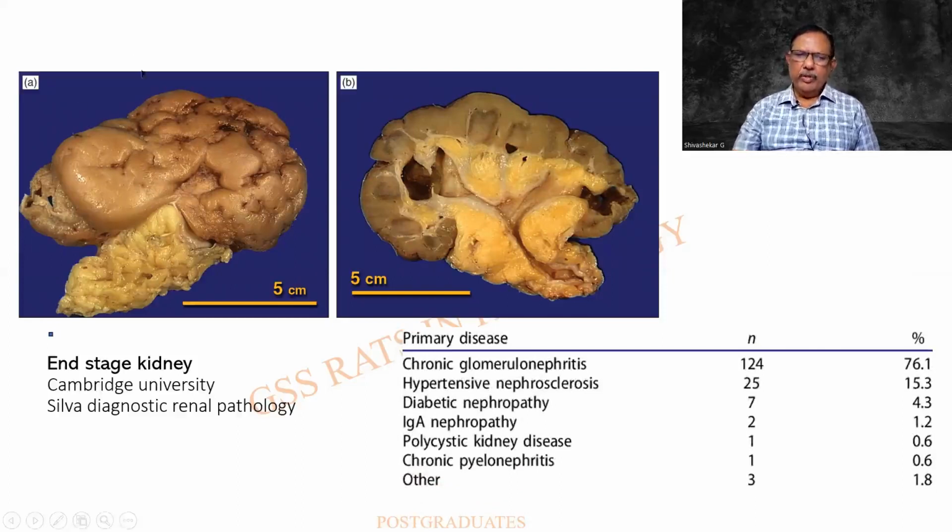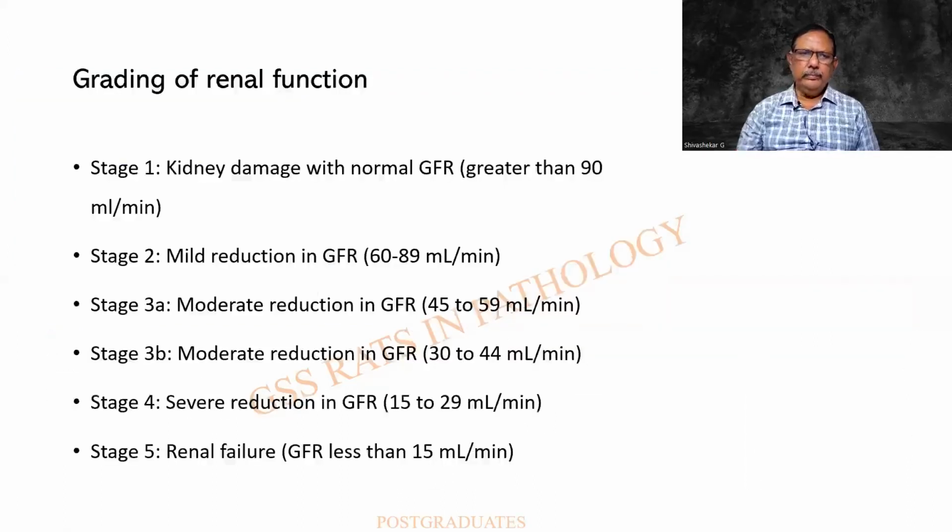which can be because of glomerulonephritis, hypertensive nephrosclerosis, diabetes, IgA nephropathy, polycystic kidneys, chronic pyelonephritis, and so on. The list will go on. The end-stage kidney is basically based on the function rather than the size.